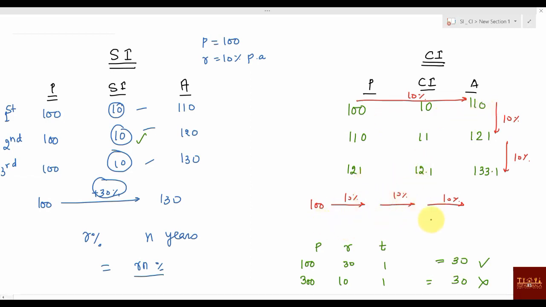Okay. Now, one more thing you have to remember is, principal is increasing by 10%. Now look at the compound interest also. 10 is becoming 11. How much percent increment? 10%. 11 is becoming 12.1. How much increment? 10%. I'll tell you the case. It is happening something like this.